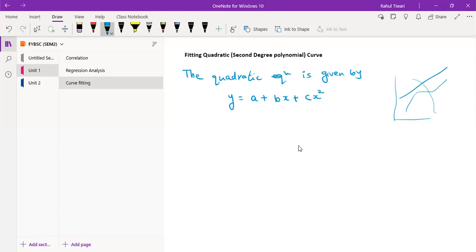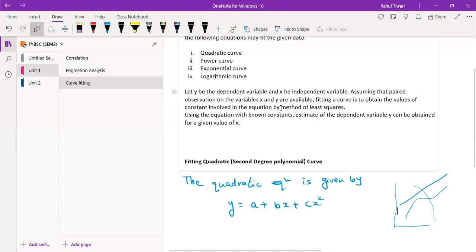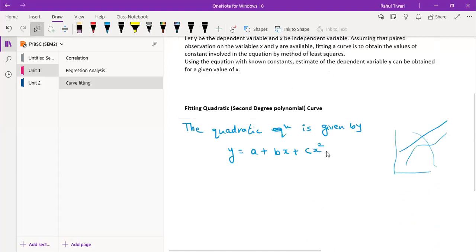Procedure is the same. What I have mentioned here, I need to use the method of least squares. And you know the method of least squares. What is the method? We need to minimize E, right? What is the E? E will be the error sum of squares, which can be obtained using the difference of this value and their expected value, or y hat I can say.